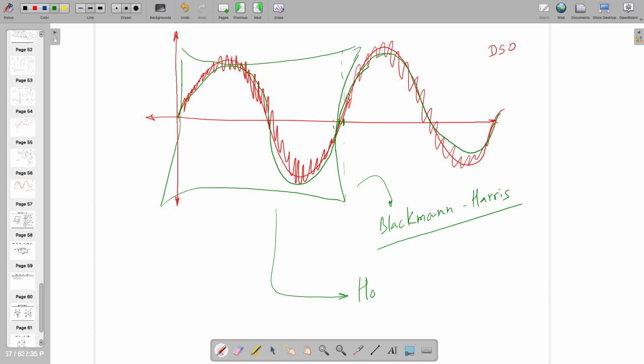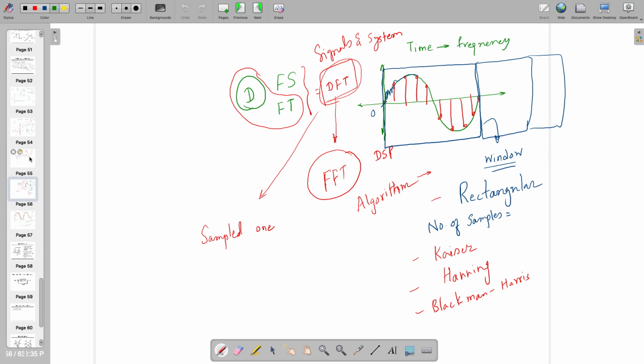It has to be Hanning window, where the noise will be dumped to the output side. It's a different theory. So it depends on your application. But if the application is not defined, use rectangular. So this is how it will work.